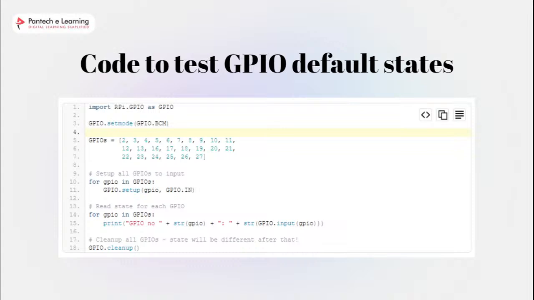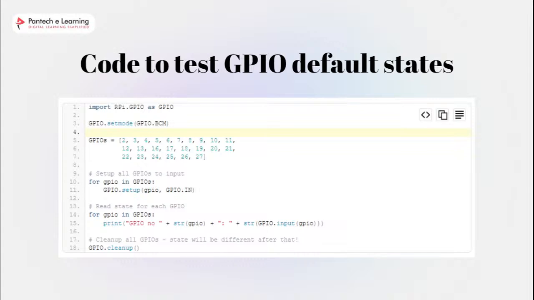So let me explain it. In this code, you can see an array containing all the GPIOs we are using, from 2 to 27. Then we set the mode for each GPIO to input, GPIO.IN, and we read each one with GPIO.input, passing the GPIO inside.